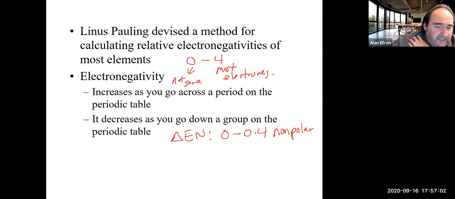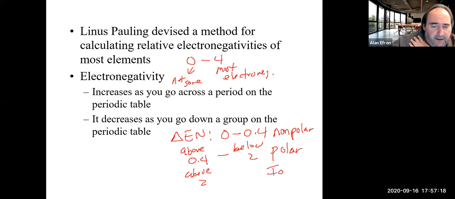If your difference in electronegativity is above 0.4 to below 2, it is some type of polar bond. And if typically your difference is above 2, it is some type of ionic bond. Not perfect 100% of the time, but these are the general cutoffs that are used to help you decide if something is polar, nonpolar, or ionic.